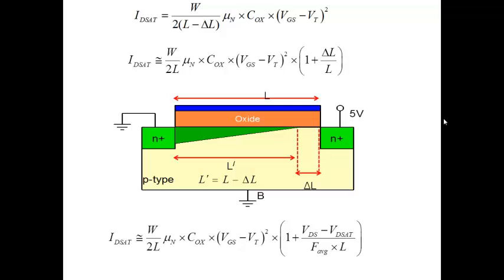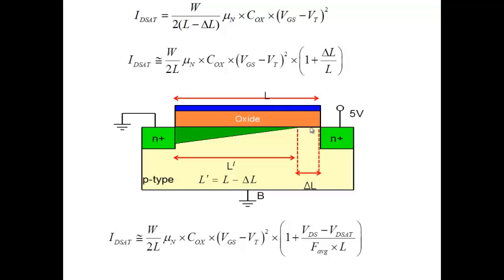The other thing that you can do here, I'm going to build the simplest possible model for delta L. The voltage at this end is VD sat, the voltage at this end is VDS. So the drop in this particular region is VDS minus VD sat. Note that it's a very small region.